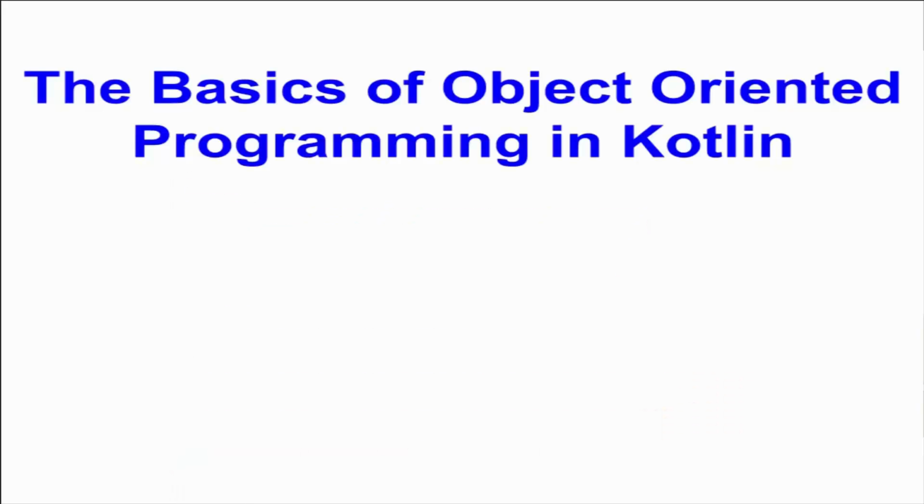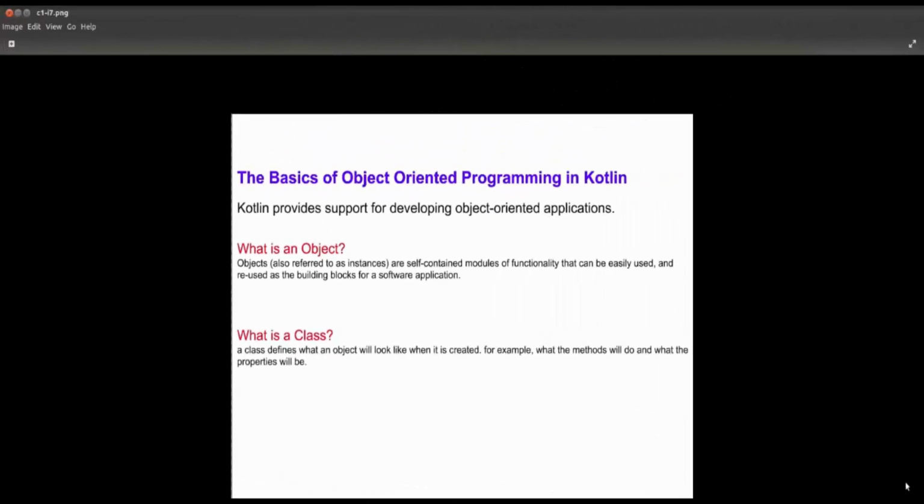The basics of object-oriented programming in Kotlin. Okay guys, now let's talk about the basics of object-oriented programming in Kotlin. Kotlin provides support for developing object-oriented applications. Now, in object-oriented programming we have an object and the class of the object. So, what is an object?